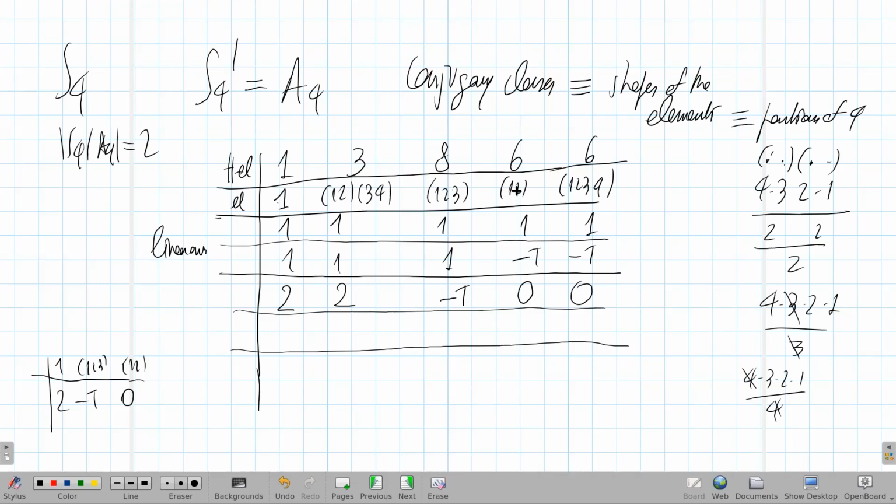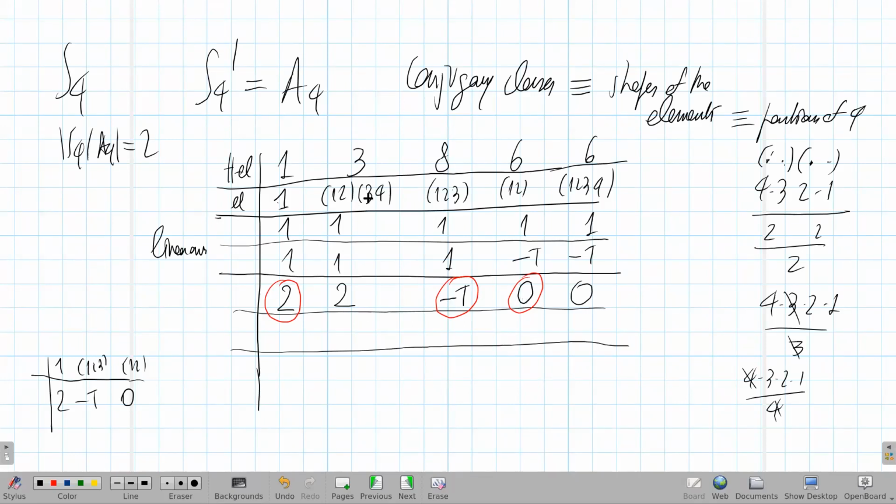Okay, so what we've done here, let's do it again. These are the values of this character of S3. S4 modulo this H gives you S3.